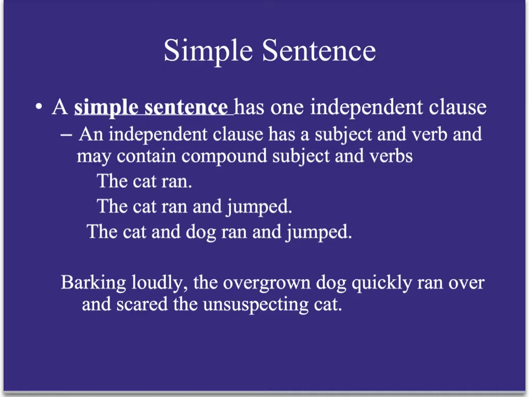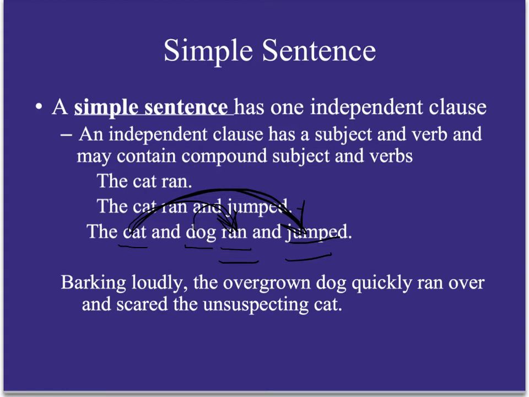And next, the cat and dog ran and jumped, has the compound subject cat, dog, and the compound verb ran, jumped. This is still considered a simple sentence because both subjects are running and jumping. So the subjects and verbs are working together. It's one single thought. It's a simple sentence.